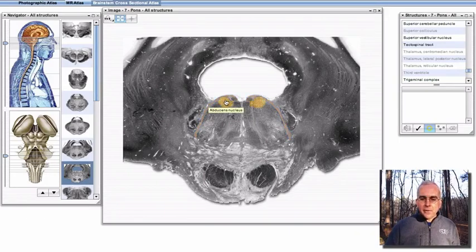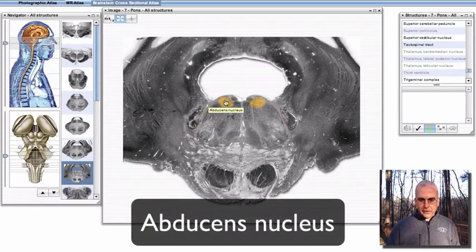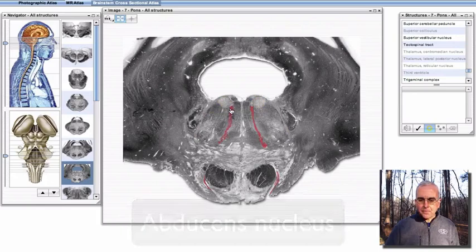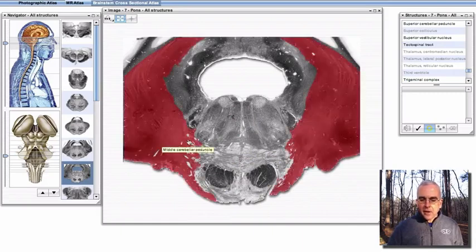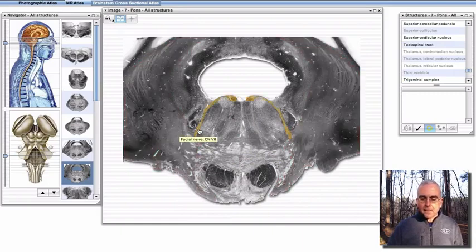What they loop around is the abducens nucleus. So here's the abducens nucleus, a somatic motor nucleus along the dorsal midline of the tegmentum. It gives rise to the axons of the abducens nerve that exit near the junction of the pons and the medulla. We've accounted for the abducens nerve as it exits near the midline of the pons. We've accounted for the facial nerve that exits a bit more laterally.